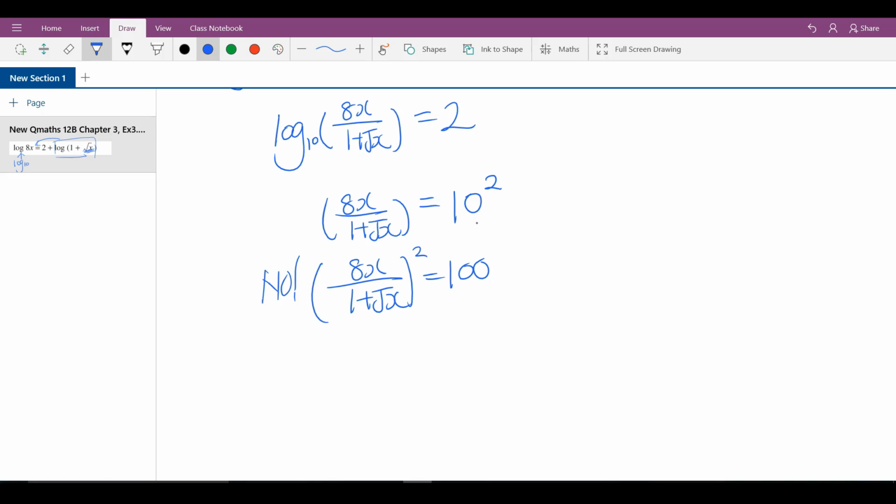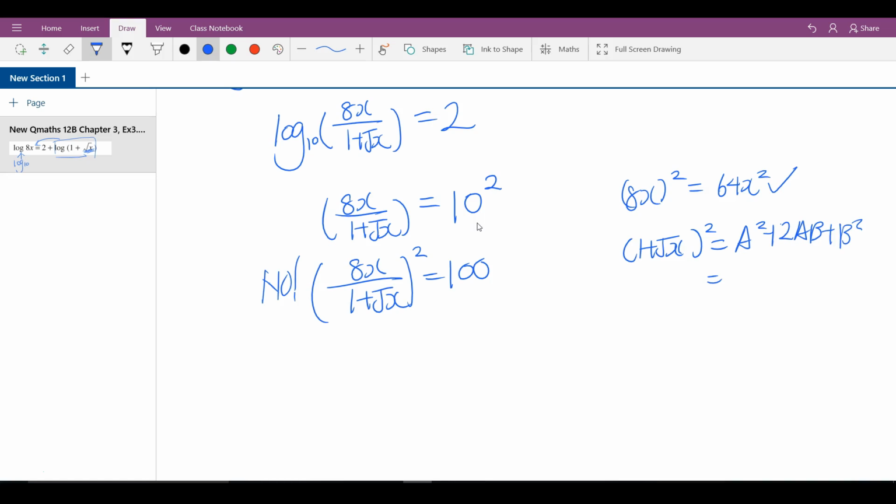The reason is, well, you can square this, and that gives you 64x squared. That's good, but because the whole thing is squared, remember our binomial expansion, a perfect square is a squared plus 2ab plus b squared.